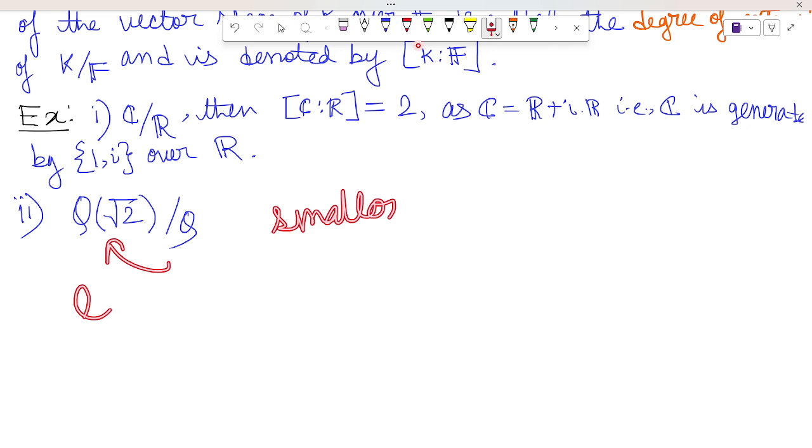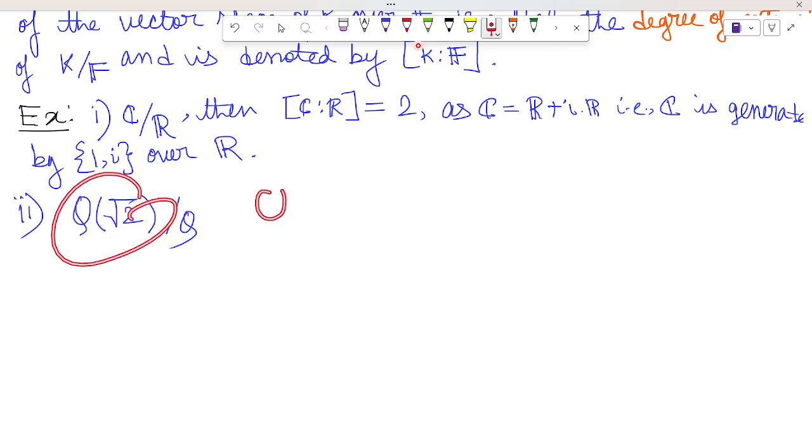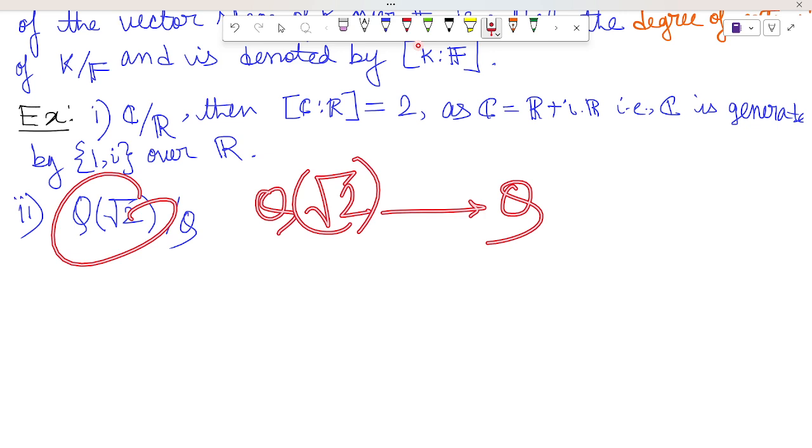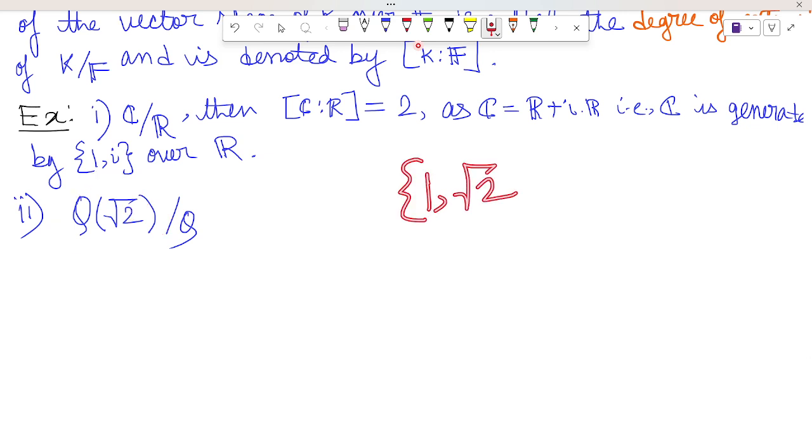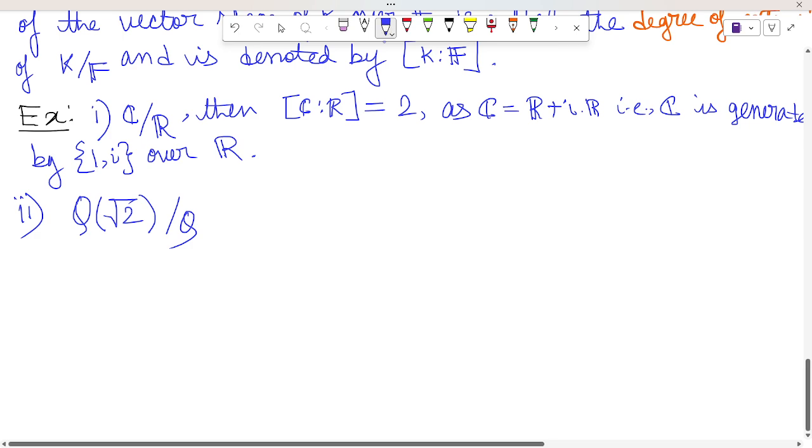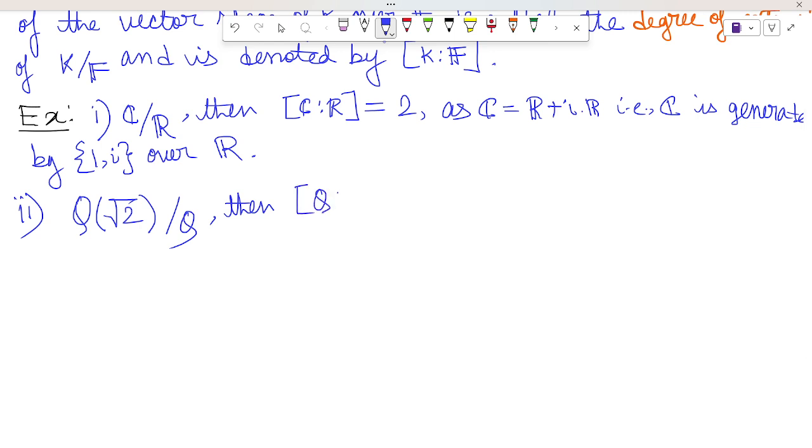So it is a field extension. So what is the vector space dimension? If you consider Q(root 2) as a vector space over Q, then what are the bases? 1 and root 2.